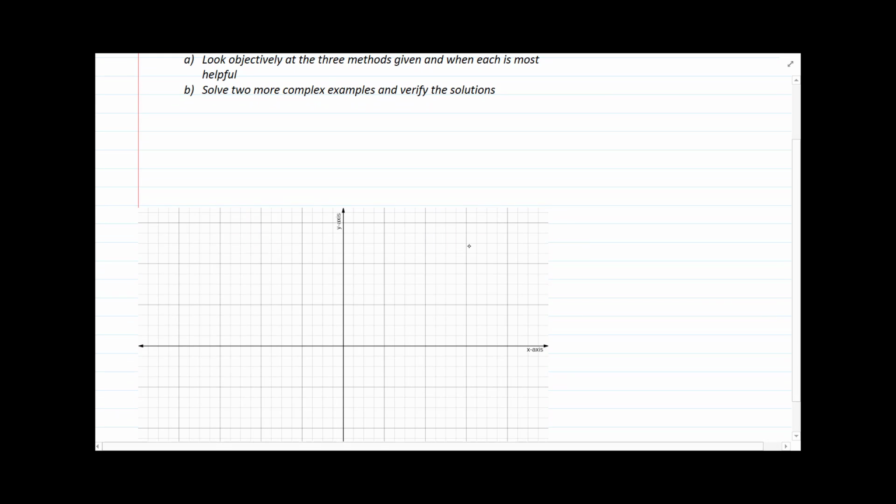Let's say that we had the example y minus x equals 11 and 2y plus x equals 1. Again, as usual, I would call this equation number 1 and this one equation number 2. Now, just giving them colours so I can sketch them first. Equation number 1, y minus x equals 11, I would rearrange to give y equals x plus 11.